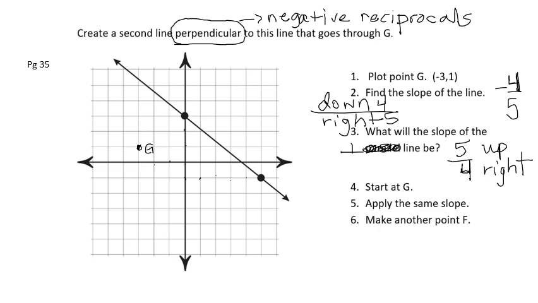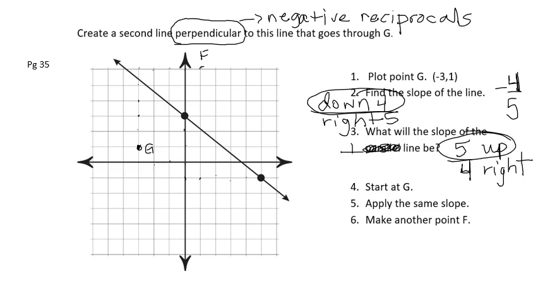So we're going to start at G. We're going to go up 5. 1, 2, 3, 4, 5. And we're going to go to the right 4. We only have to change one direction. Instead of going down, we went up.